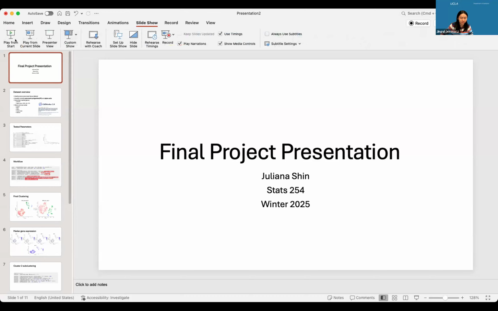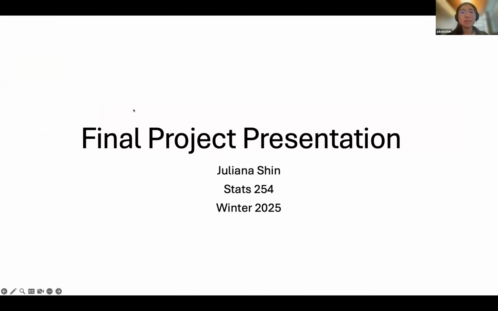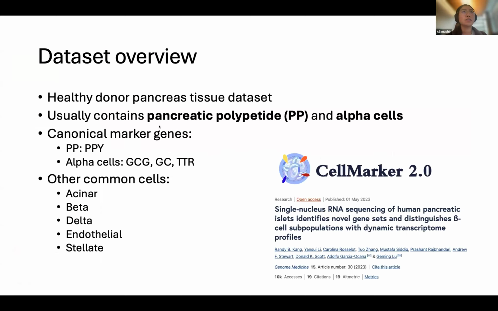Yes. Okay. So today I'll be talking about my final project presentation for this class. I specifically wanted to present about the pancreas data set just because of interests of time. So this data set was the healthy donor pancreas tissue data set.